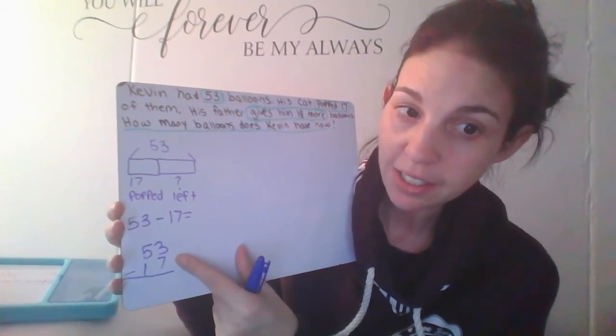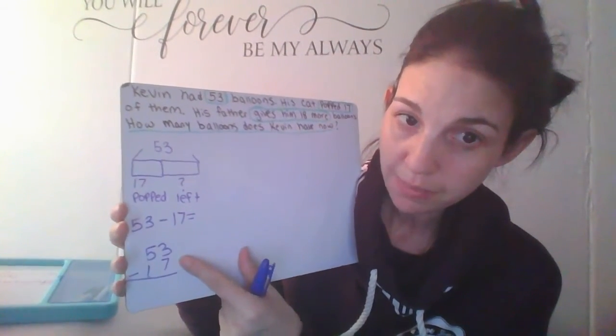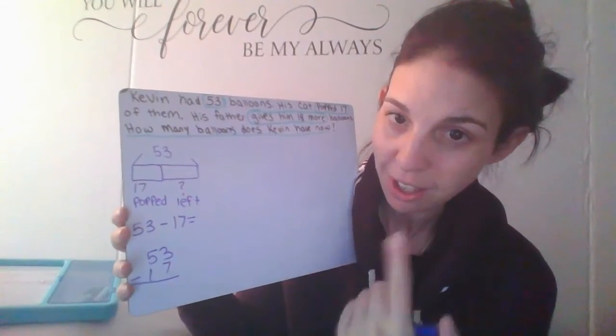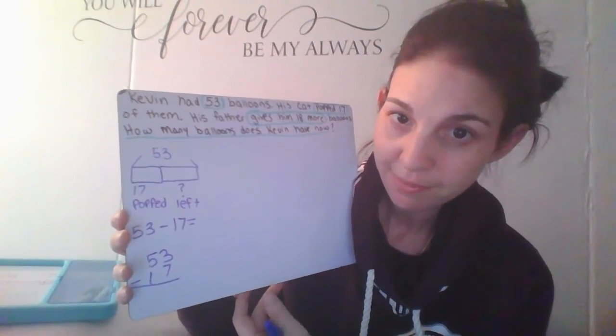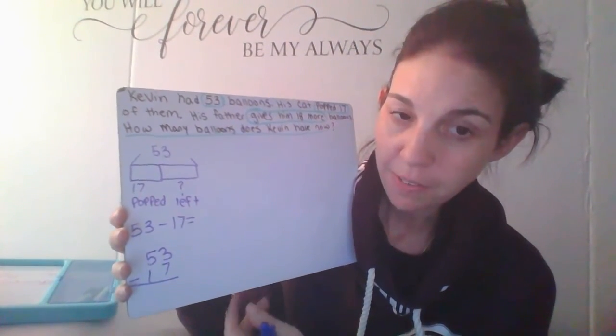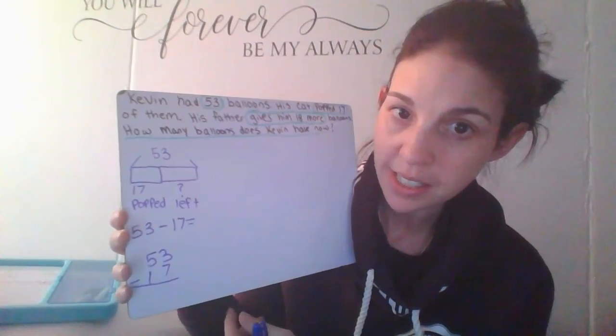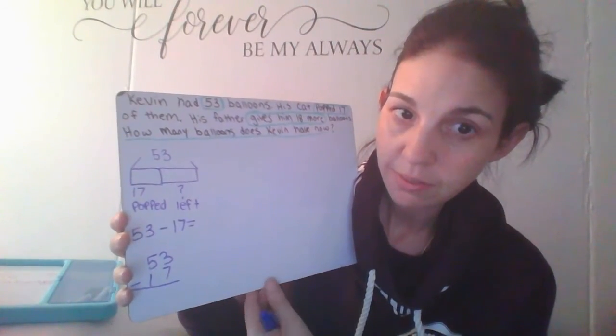I'm going to give you a second to solve this on your paper. I'm going to solve it on my whiteboard, and then I'll show you. Okay? 53 minus 17. Go ahead and solve it.